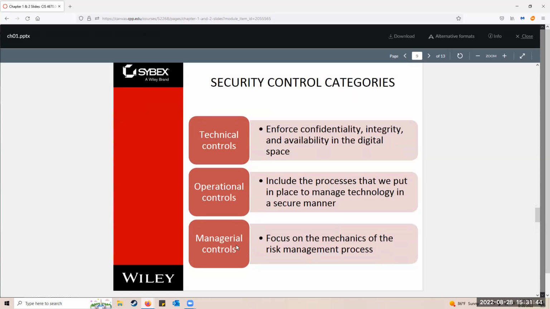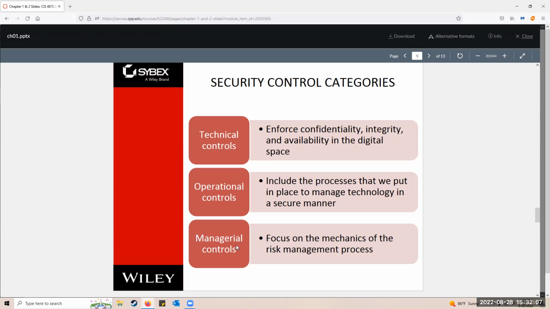So how do we ensure this? Well, we have to look at the controls of the environment. And they come in three different flavors: technical, operational, and managerial. Technical controls, for me, are the easiest to come by. This is a learning curve more than it is anything else.